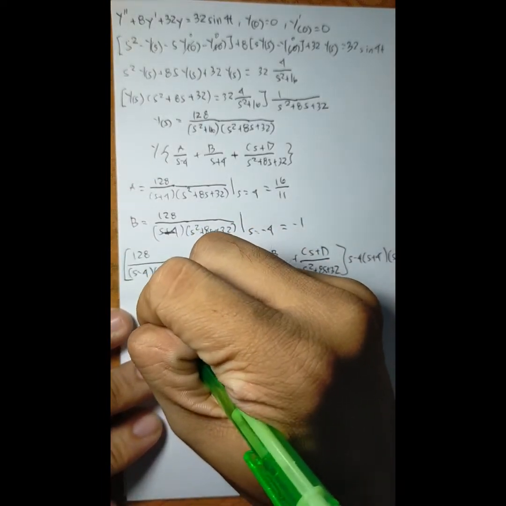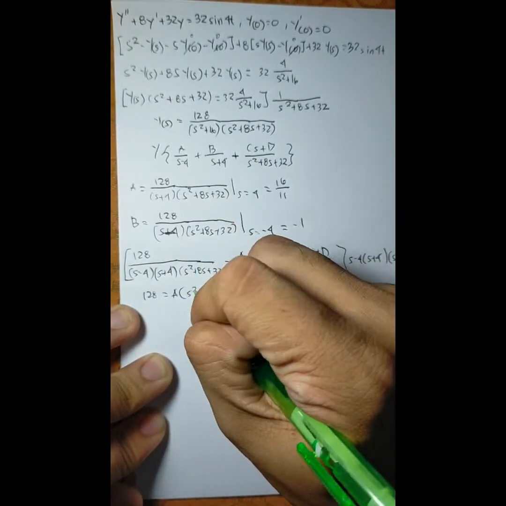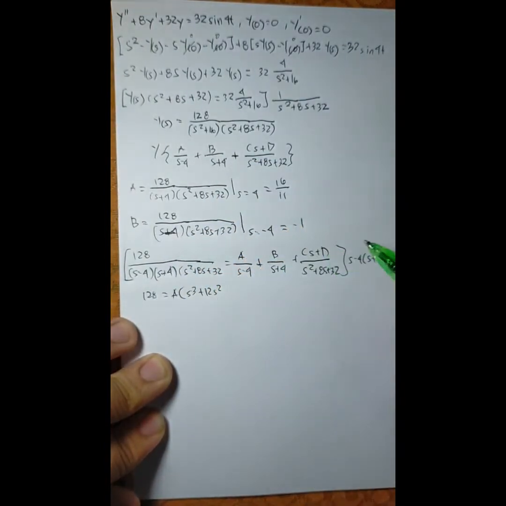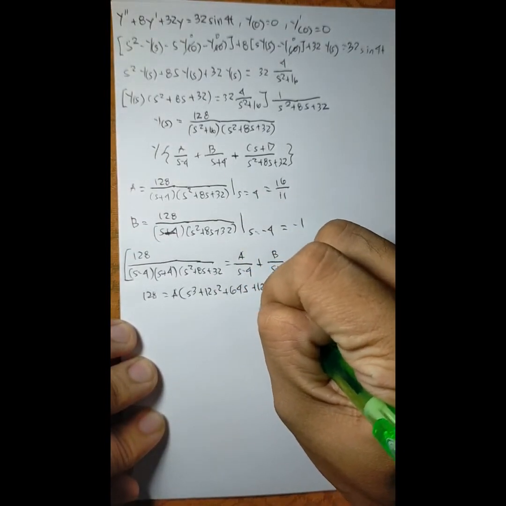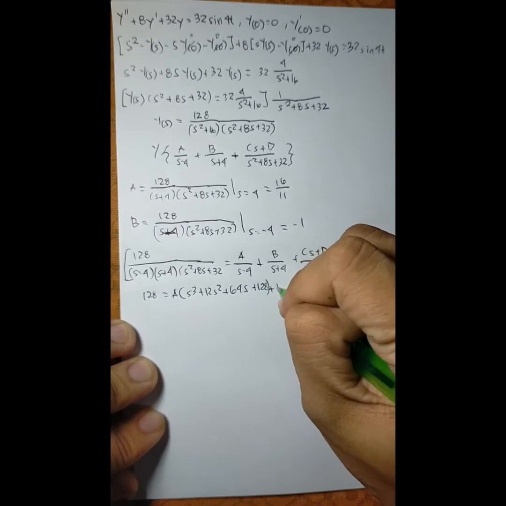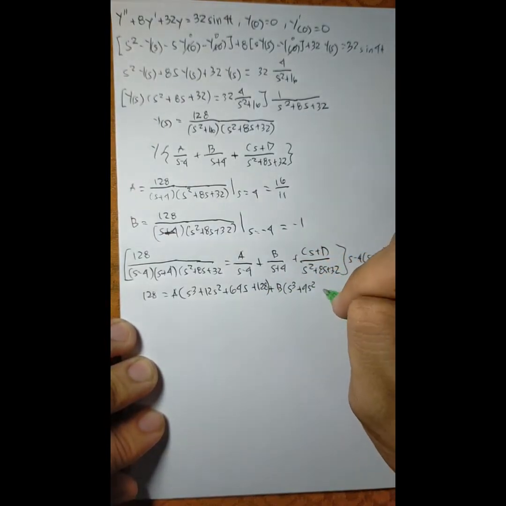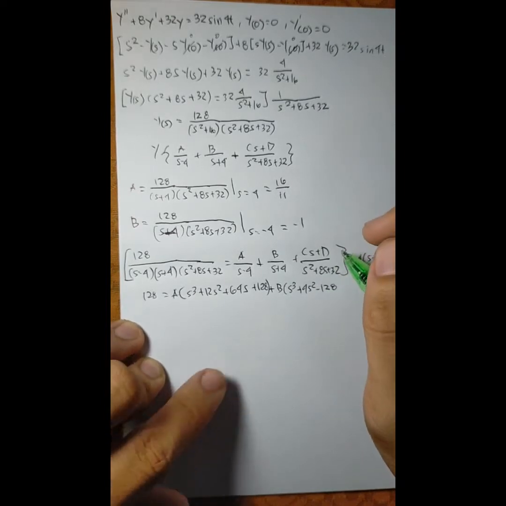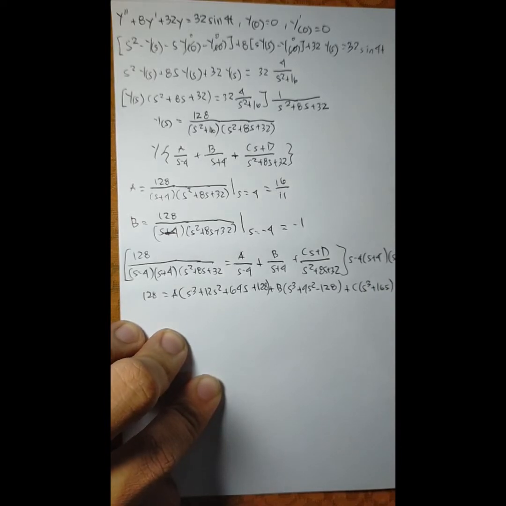And we have 128 is equal to a times s cubed plus 12s squared plus 64s plus 128, plus b times s cubed plus 4s squared minus 128, plus c times s cubed plus 16s, plus d times s squared plus 16.